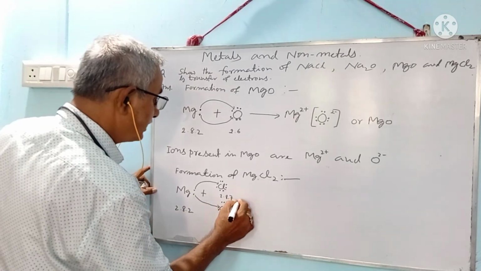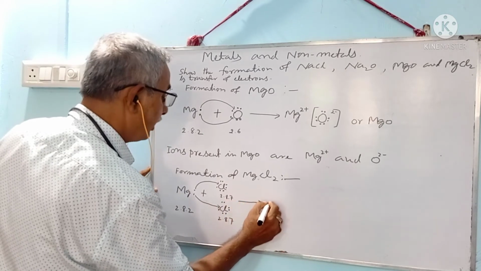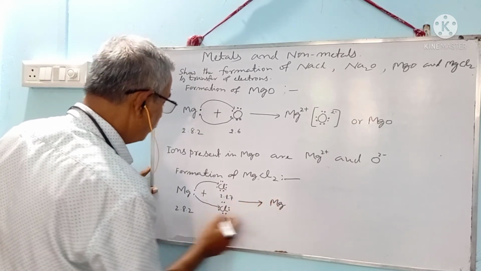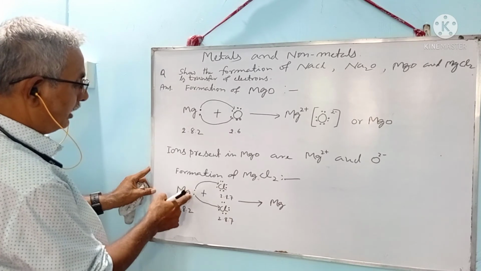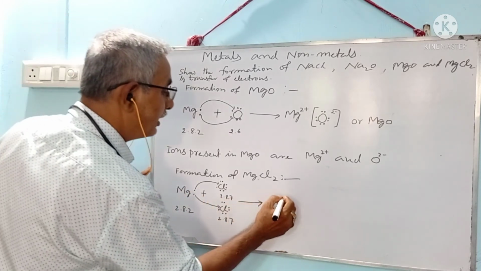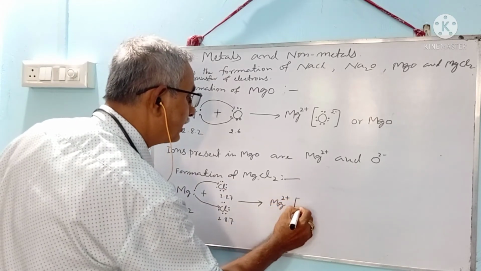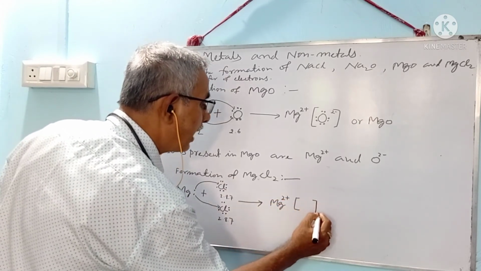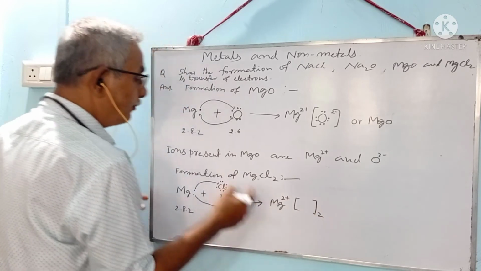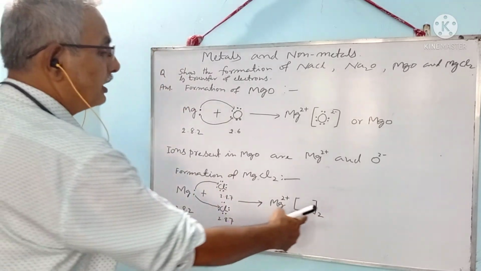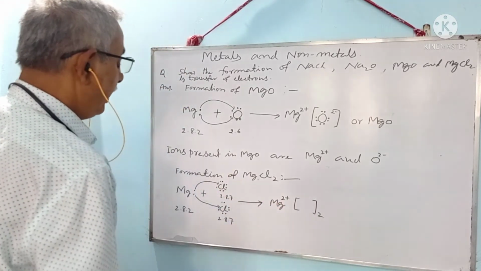Now what happens as a result? Here you see magnesium, it is losing the 2 electrons. 2 electrons have been lost. That is why it became what? 2 positive. Now each chlorine atom, there are 2 chlorine atoms, so I am writing 2. If there would be 3 chlorine atoms, then I was supposed to write here 3.